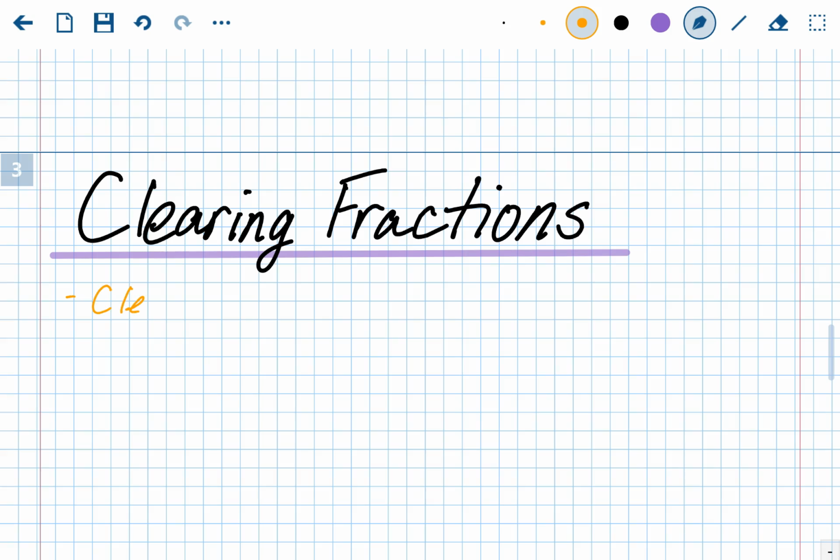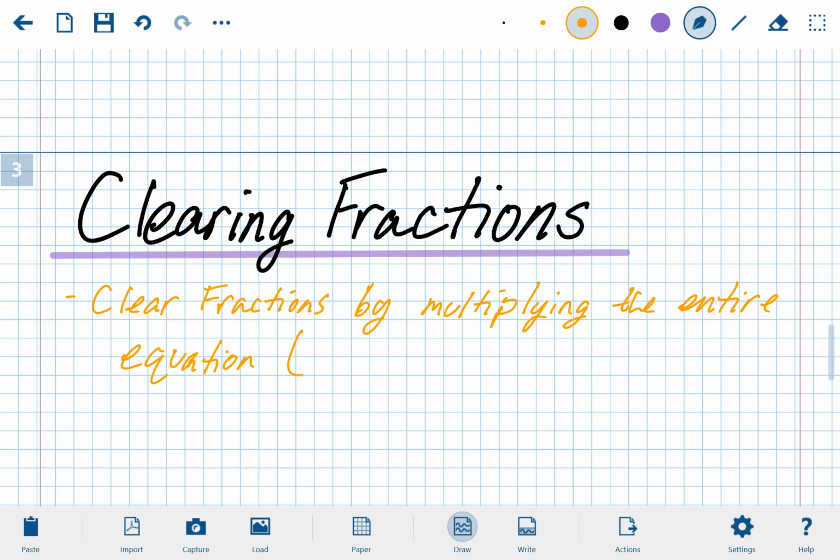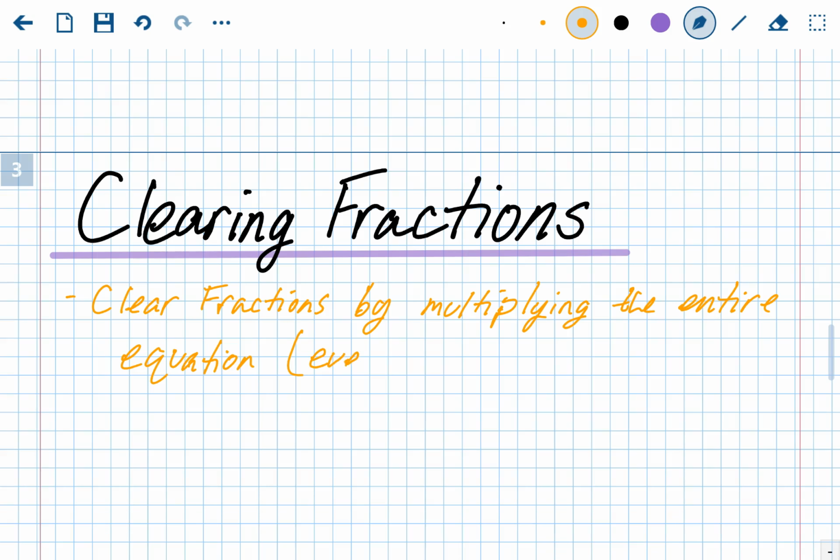you want to clear fractions by multiplying the entire equation. The entire equation meaning every single term, even if it's not a fraction.